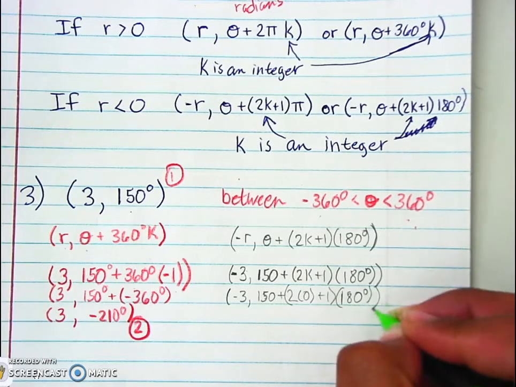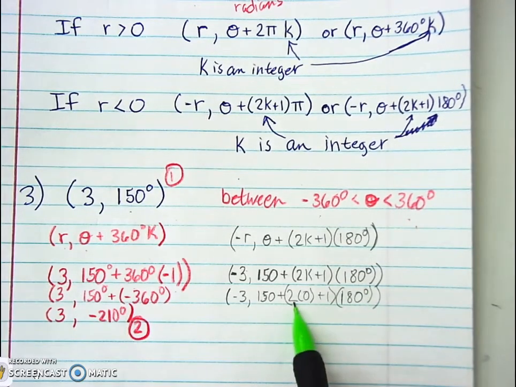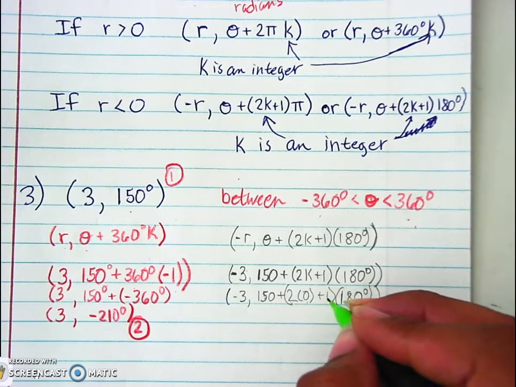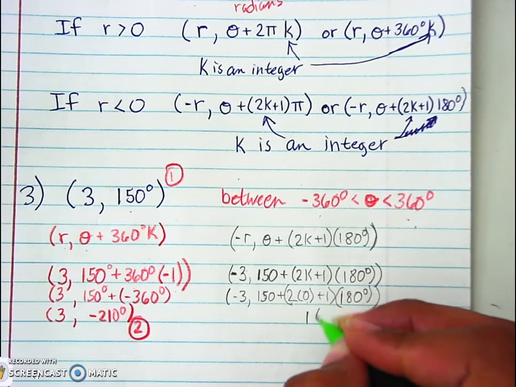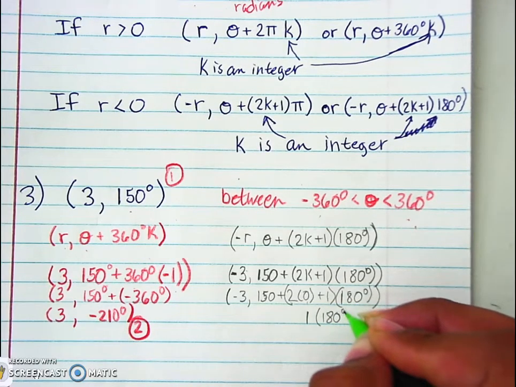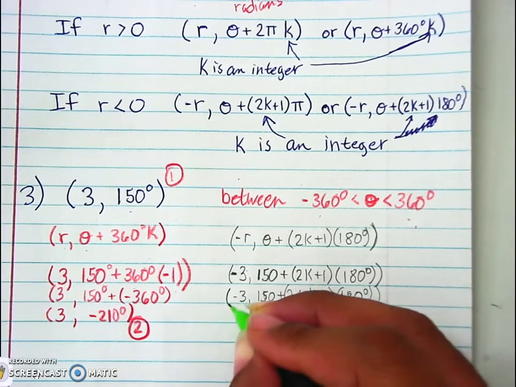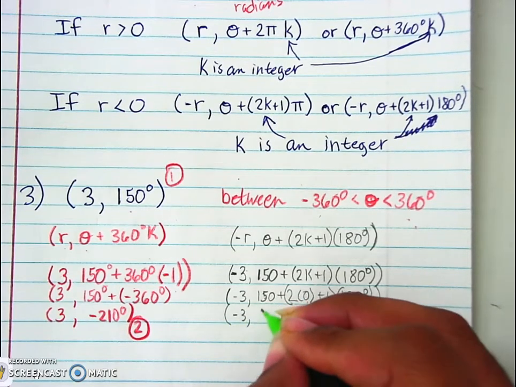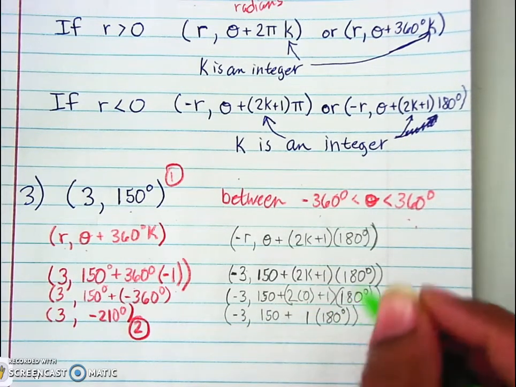Perfectly fine. All right, so here we know 2 times 0 is 0, plus 1 is positive 1. And so we have 1 times 180 degrees, and it's going to be added to 150.